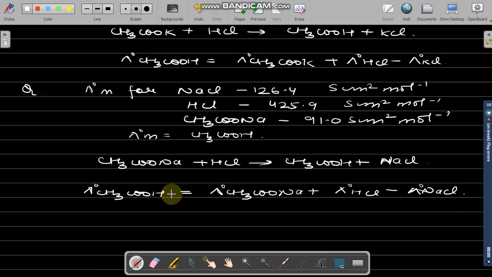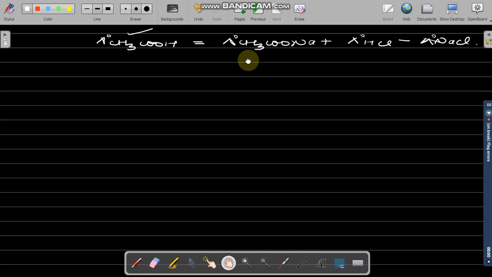By putting in the values, you can find the molar conductivity at infinite dilution for acetic acid. The unit again will be Siemens centimeter square mole inverse.